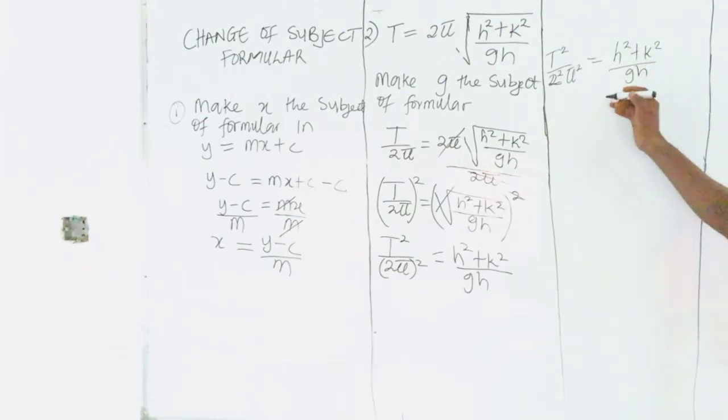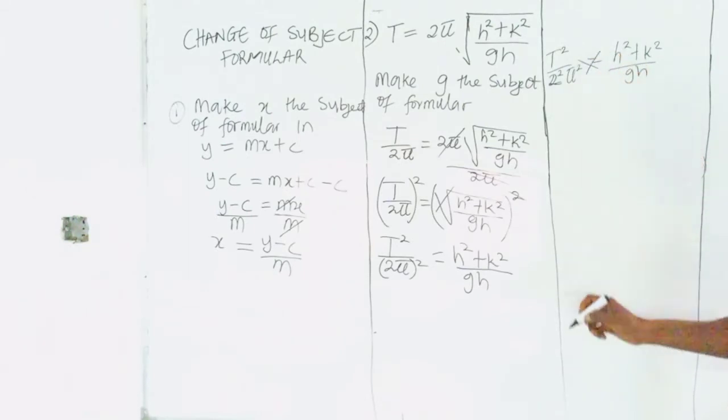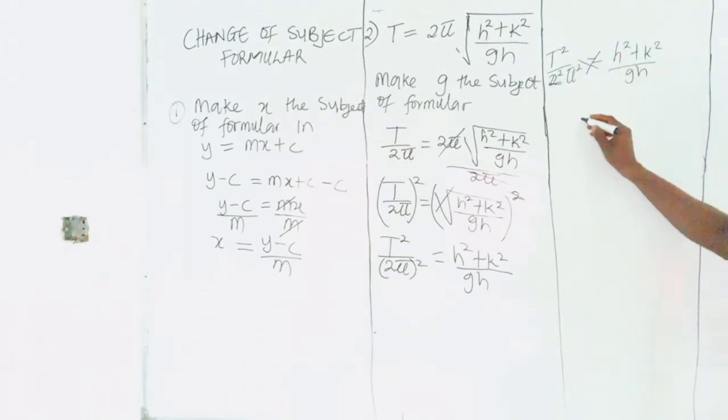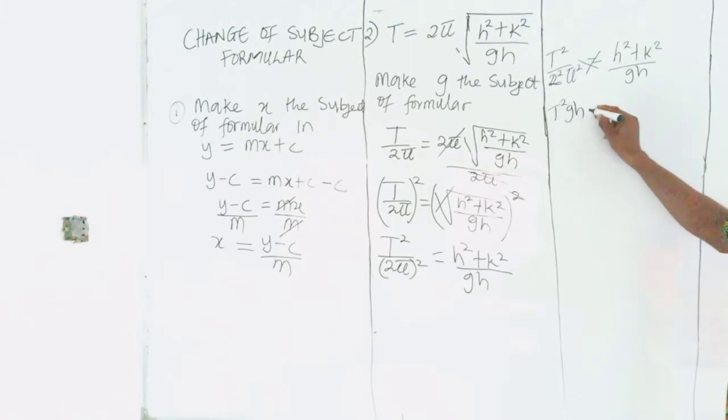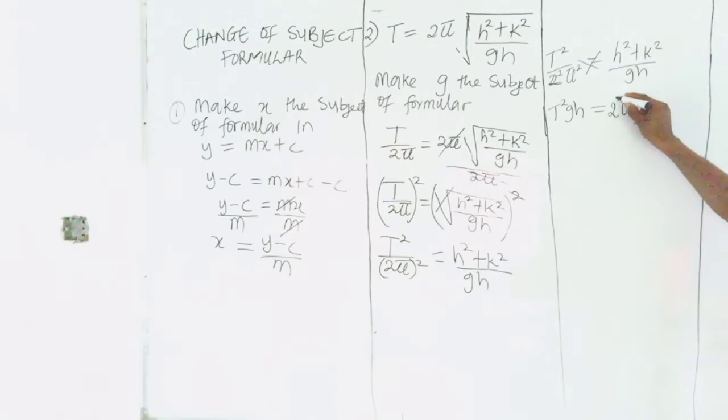At this point, I have to cross and multiply. Once I cross and multiply, I have t squared gh is equal to 2 squared pi squared into h squared plus k squared.